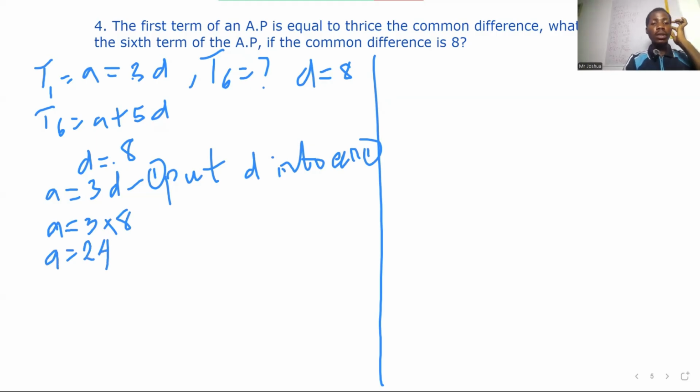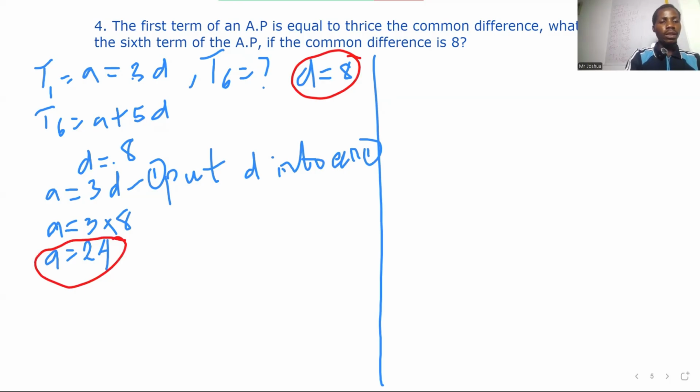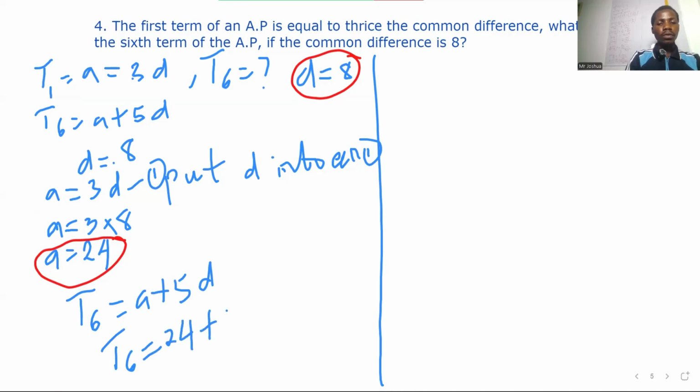We have our value of D already, so we don't need to find that. Our value of D is here. Our value of A is here. So it's very easy for us to find the value of our T6. Let's write out the formula first. So we have T6 equals 24 plus 5, open brackets, our D, which is 8.